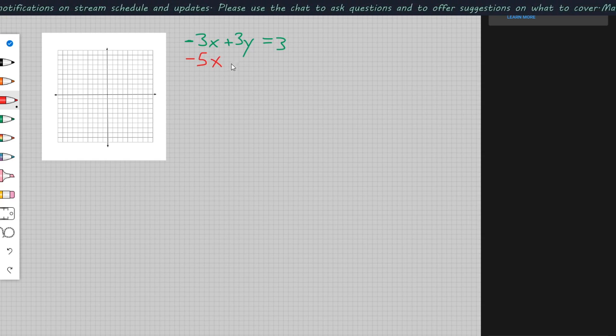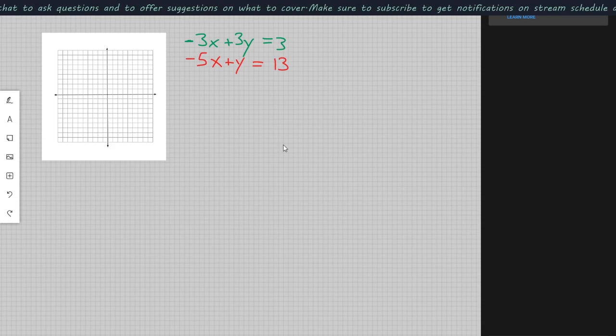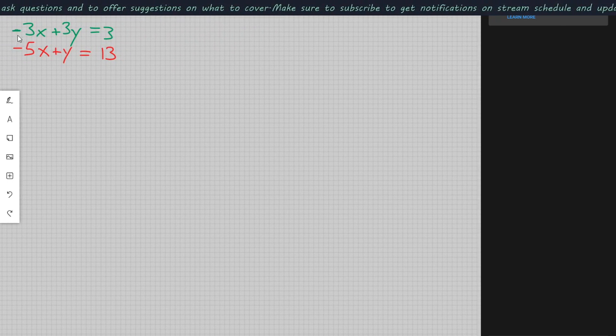5x plus y plus 13. So just to make things a little bit quicker for y'all, I'm going to just put it into Desmos. I'm not going to bother with hand graphing this, but if you wanted to hand graph this, you could have graphed using, I'm sorry, not slope intercept, the x and y intercepts. You can turn it into slope intercept, whichever is easiest for you.